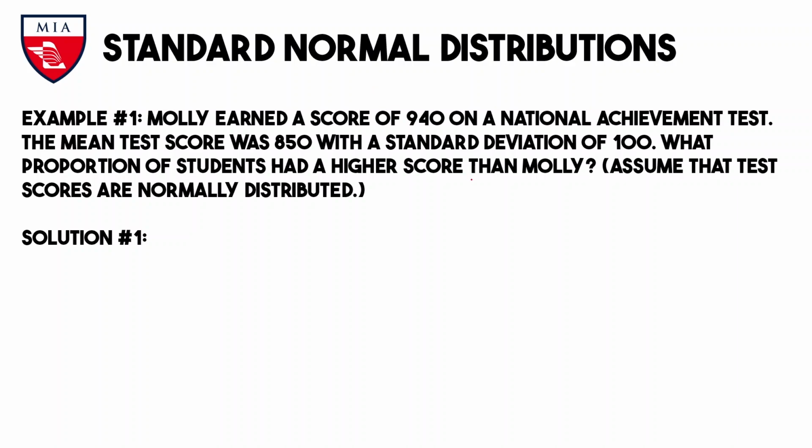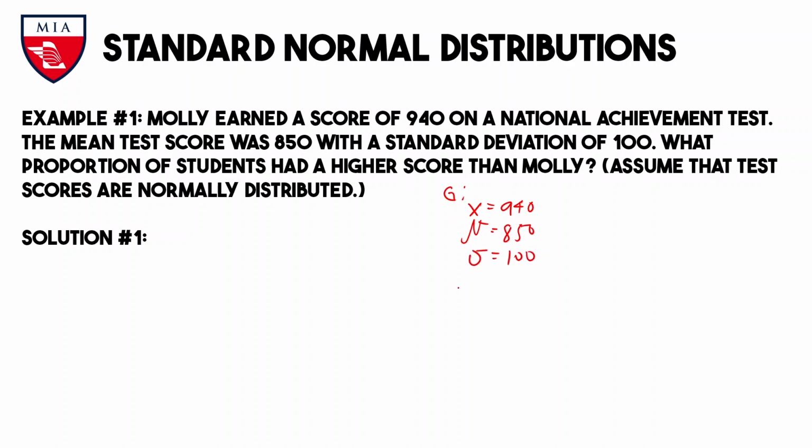So let's start with the given. We have x is equal to 940. We have the mean is equal to, what's the value? 850. And you have standard deviation is equal to 100.